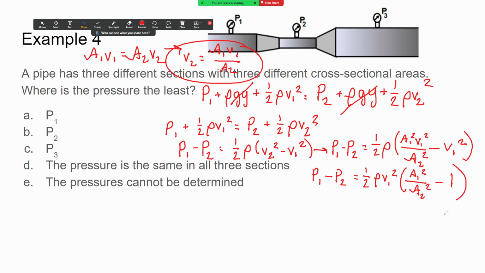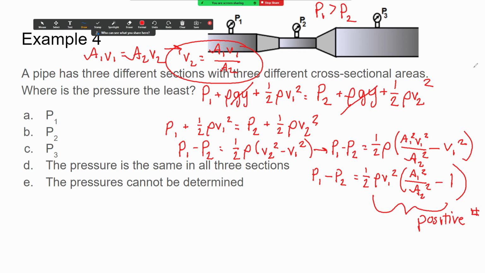On this side, because A1 is clearly bigger than A2, that's going to be a positive number. That must mean that P1 is going to be greater than P2. So that's important to know: P1 is greater than P2.